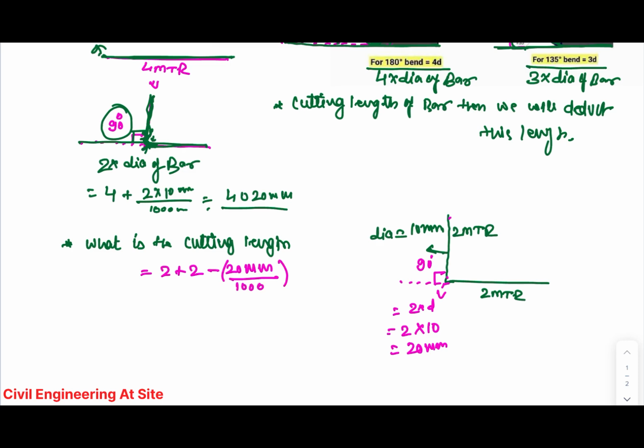Since this is in meter, divided by 1000, this is 4 minus 20 divided by 1000, which is 0.02.